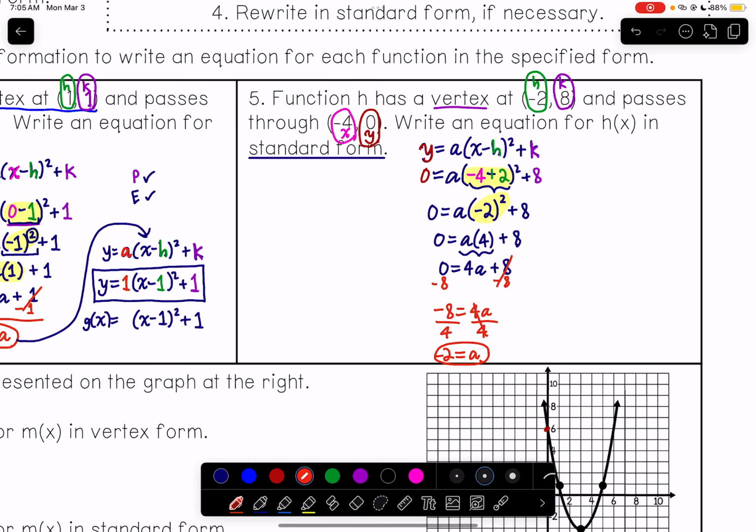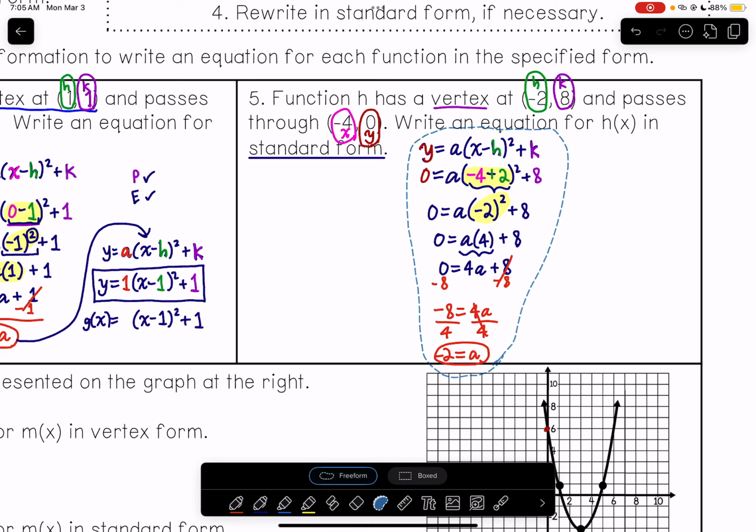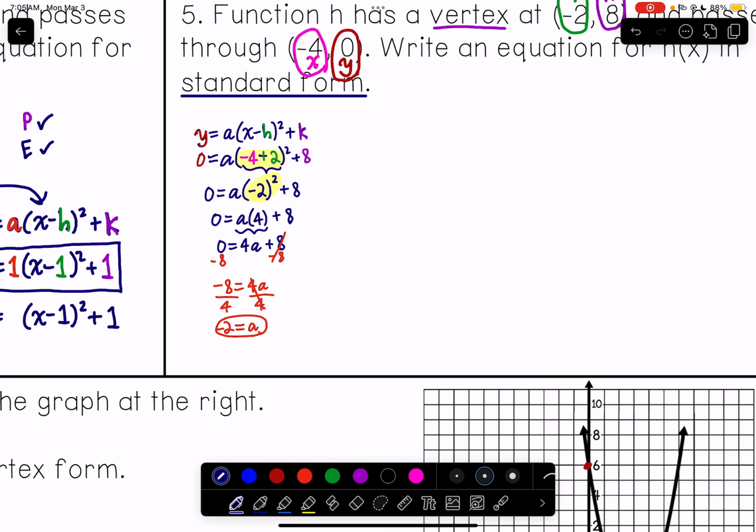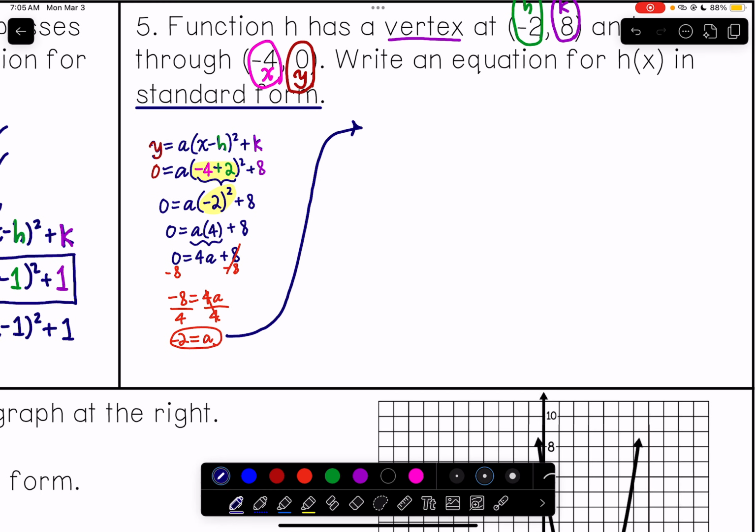Well, I cannot stop there because that's not what it wanted me to find. It wanted me to find standard form. So I'm going to go ahead and shrink this down, pull it over here. Let's put this into vertex form. So y equals a times x minus h squared plus k.